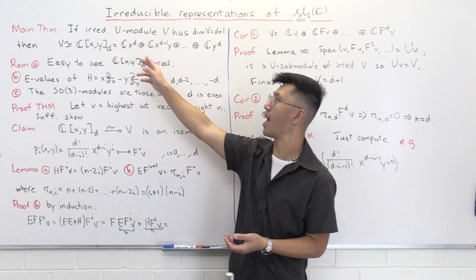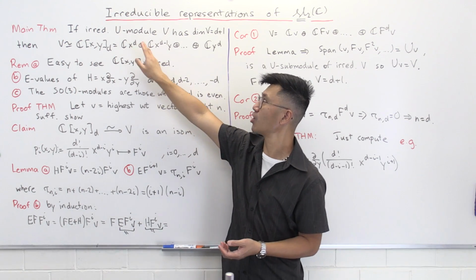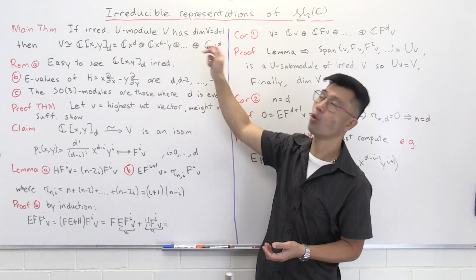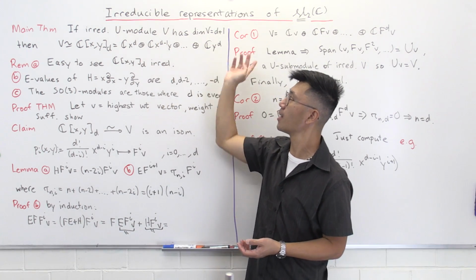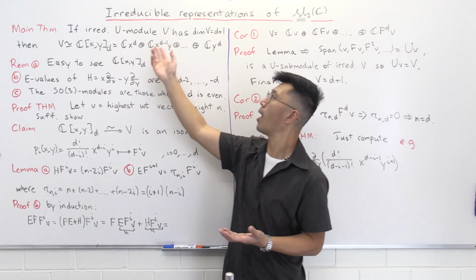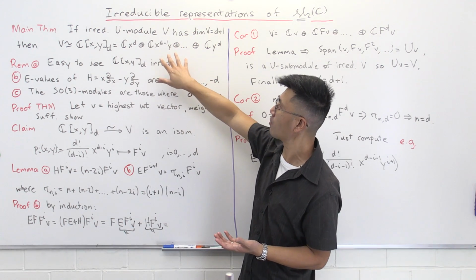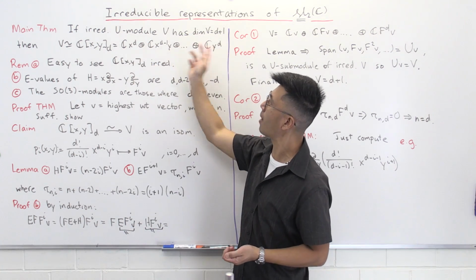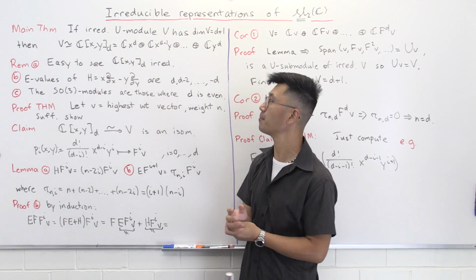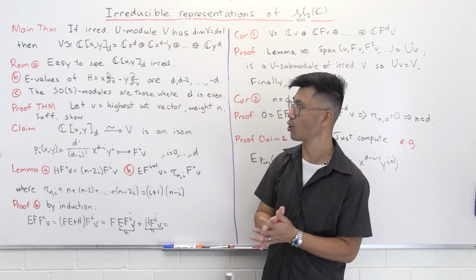In other words, the span of the monomials x to the d, x to the d minus 1 y, all the way down to y to the d. So clearly this has dimension d plus 1, and also, as you've seen in my previous video in this playlist, this is actually a module over U, and that's quite easy to see too.